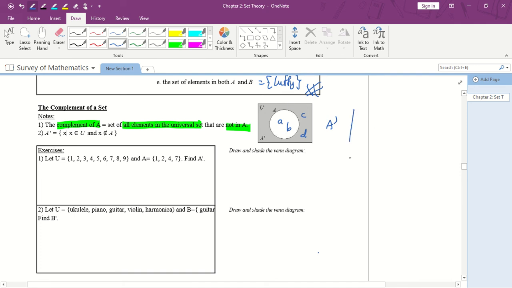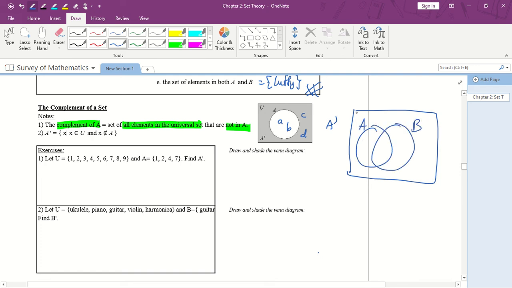Okay, here is another example. Now I have A here, I have B here, and this is U, the universal set. What is your A prime in this case? Remember, A prime is outside of A but within U. So we know that it is all of this.